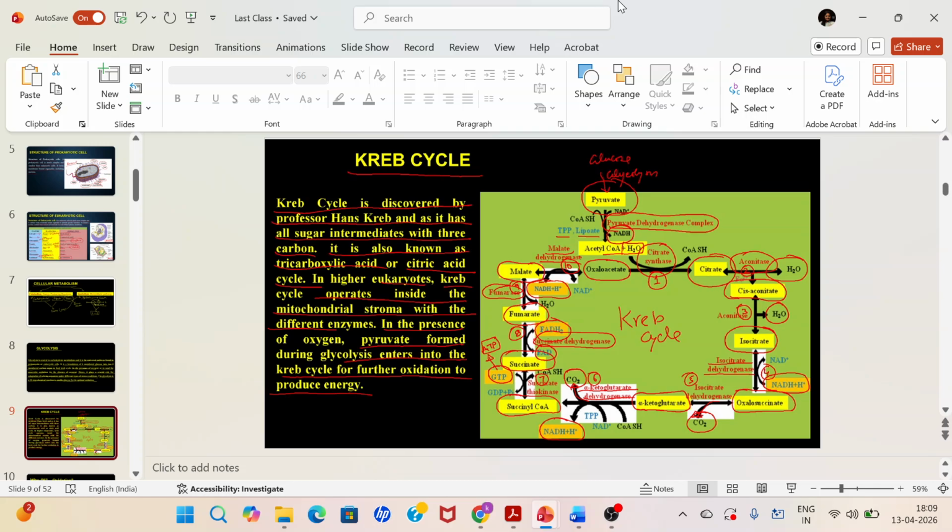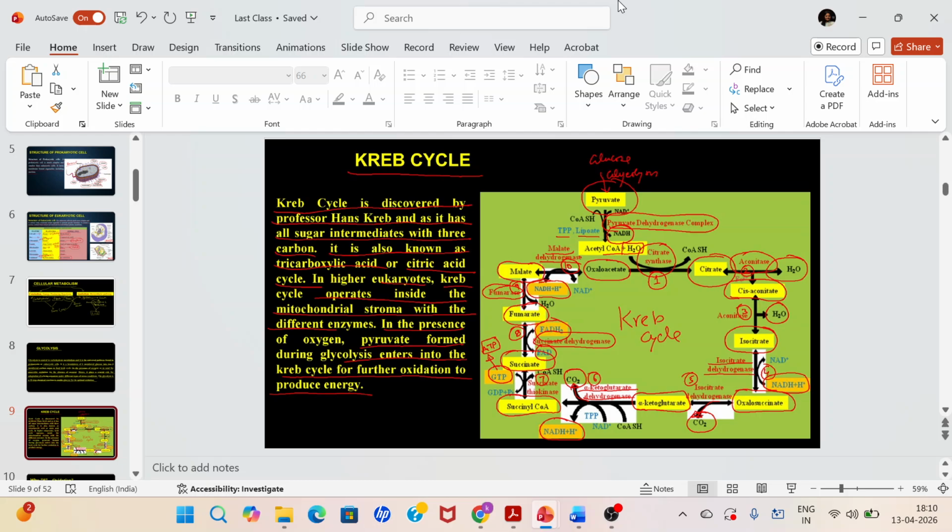Then what is a Krebs cycle? Krebs cycle was discovered by Professor Hans Krebs, and as it has all sugar intermediates with three carbon, it is also known as tricarboxylic acid or citric acid cycle. Okay, these are the other names that are used for Krebs cycle. In higher eukaryotes, Krebs cycle operates inside the mitochondrial stroma with the different enzymes.